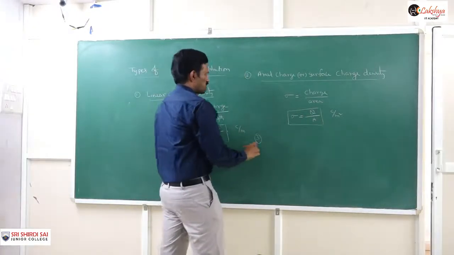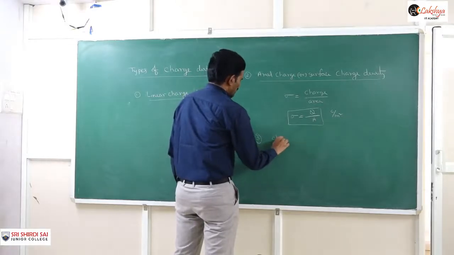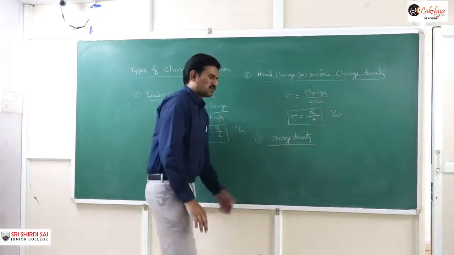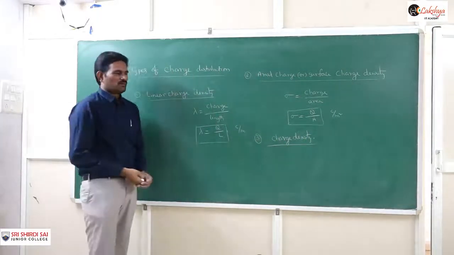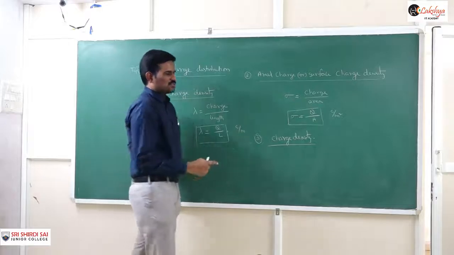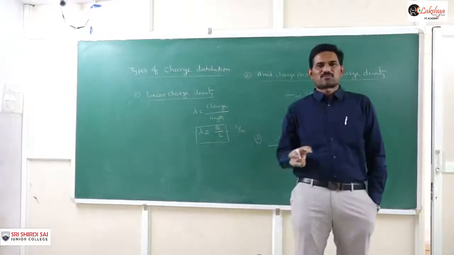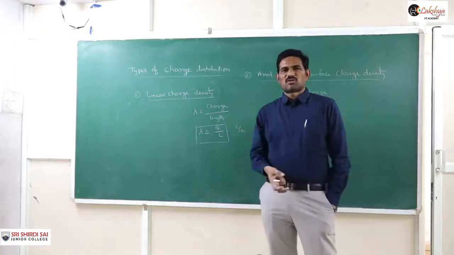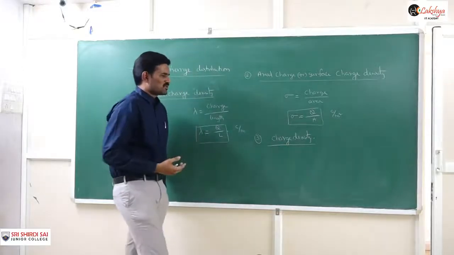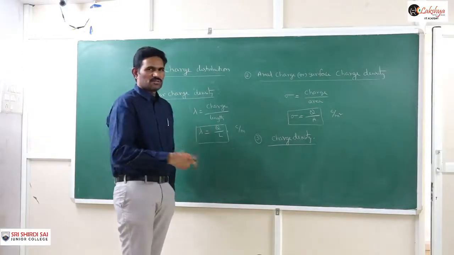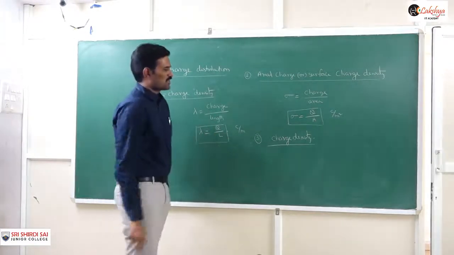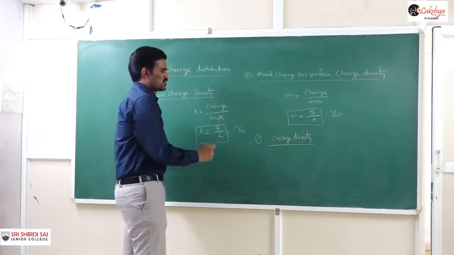And the next type is for 3-dimensional objects: volume charge density, or simply charge density, because generally density means in terms of volume. Here, if the charge is distributed on a 3-dimensional object, like a sphere or a shell, or a cube, that means throughout the volume of these materials, inside the solid sphere and inside the cube, then we call it a three-dimensional charge distribution, which is nothing but volume charge distribution.